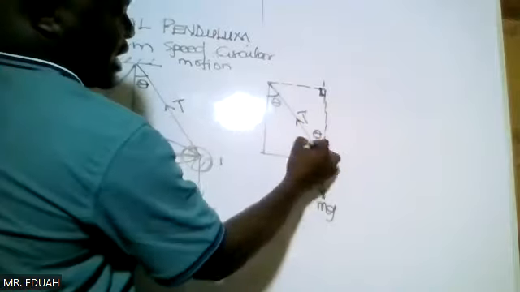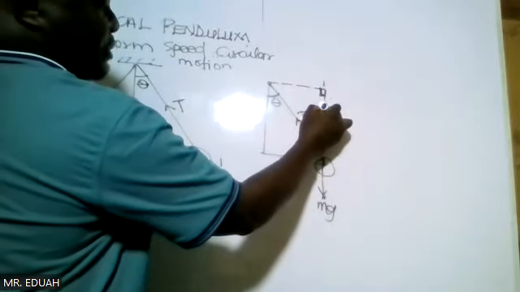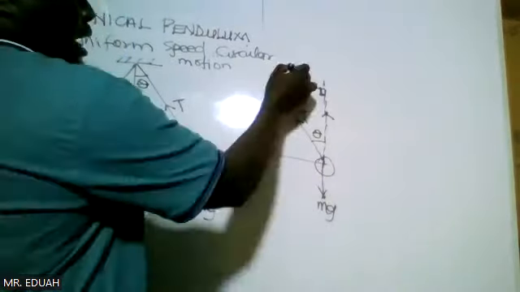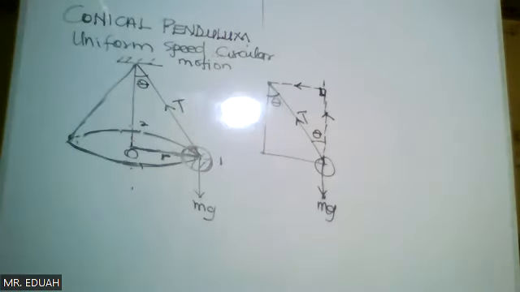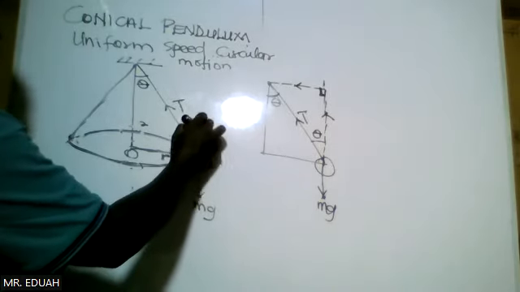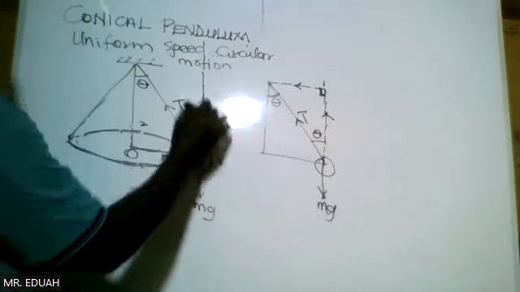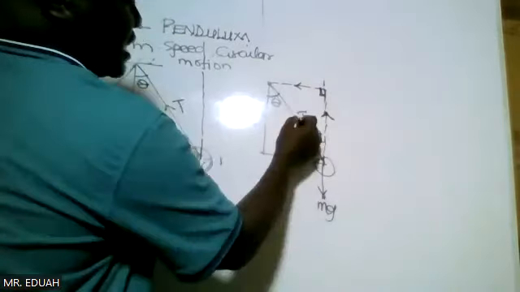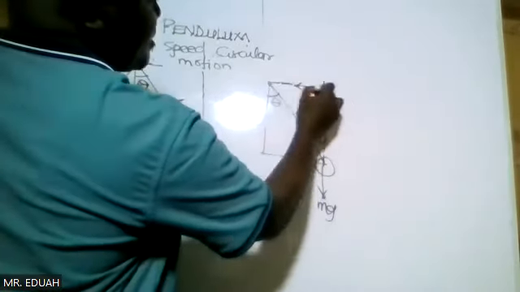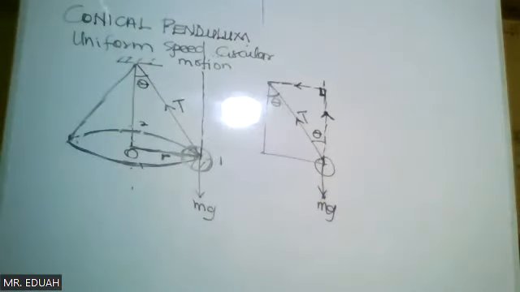The tension makes an angle theta. So I can determine this component. I can also determine this component of the tension T. So let's determine the horizontal component of the tension T. Let's also determine the vertical component of the tension T.